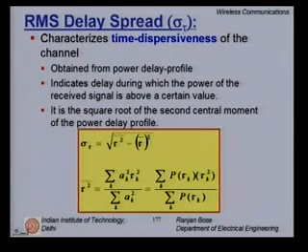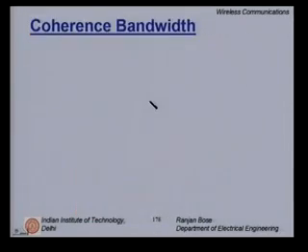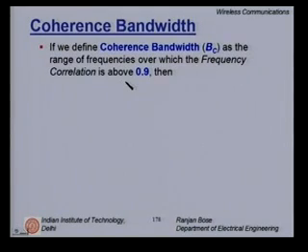Okay. Today we will learn that these parameters come into play when we talk about the frequency selectiveness of a channel also. We learnt about coherence bandwidth. We defined coherence bandwidth B subscript C as the range of frequencies over which the frequency correlation is above 0.9.